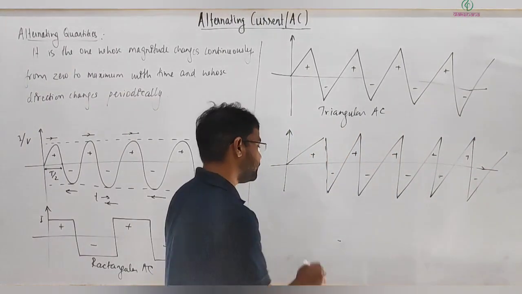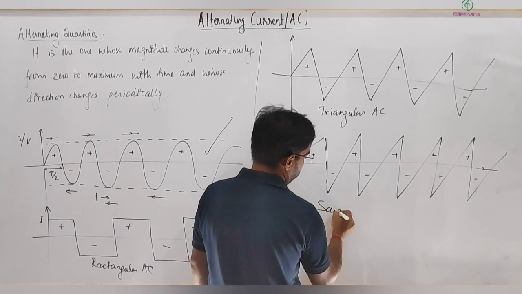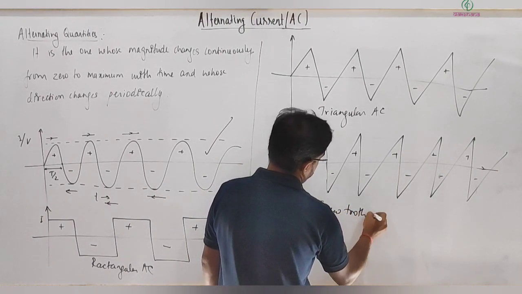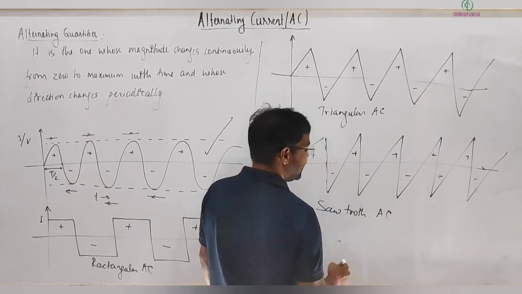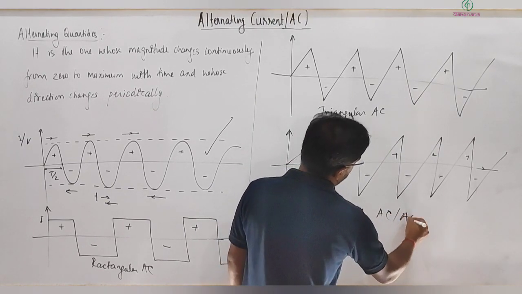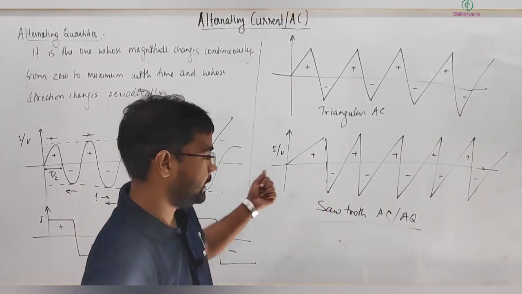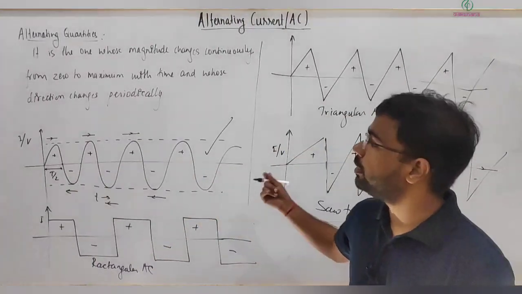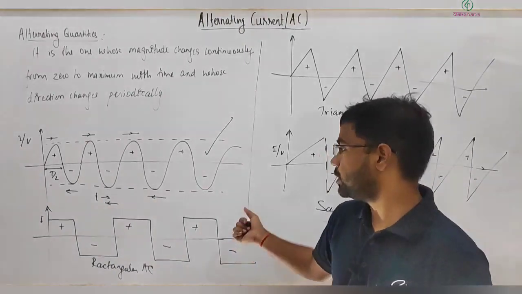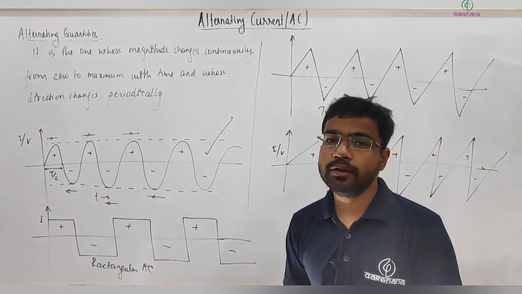So this is sawtooth AC or alternating quantity I and V. So these are all different forms or different types of alternating power sources, alternating current or alternating voltage.